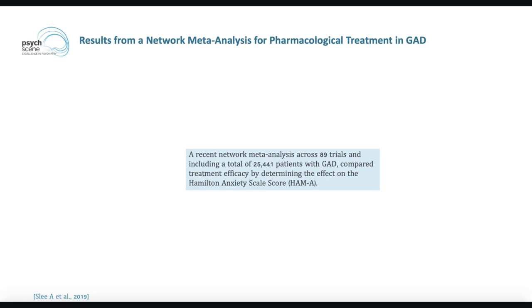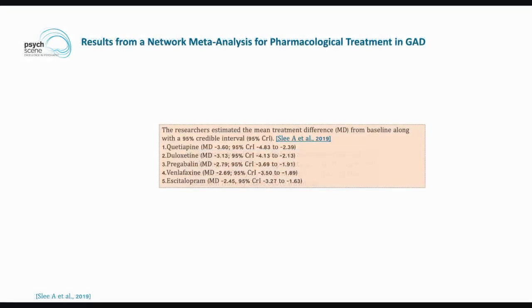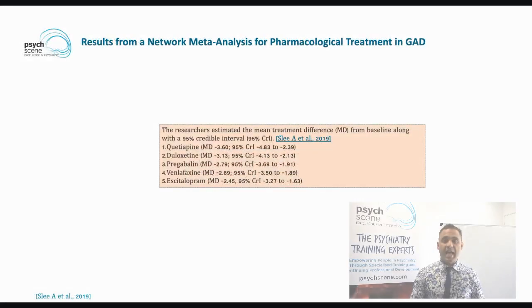The measure of effect was the mean difference from baseline. And they found that in order of ranking, quetiapine had the most reduction. As you can see, the mean difference of minus 3.60, followed by duloxetine, pregabalin, venlafaxine, and escitalopram. So these were all medications that had a good mean difference reduction in anxiety based on the Hamilton Anxiety Scale.